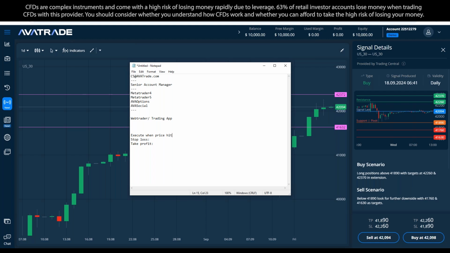It's less relevant for us now, but it's good to understand again in general. So execute when price hits launches the position automatically when reaching the price.